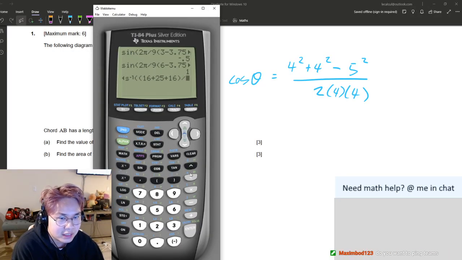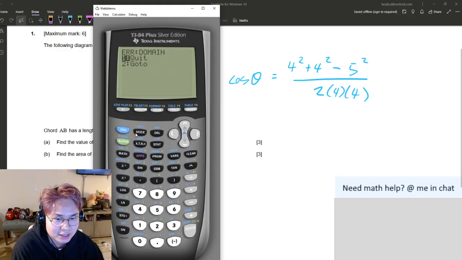And then divide this by 2 times 4 times 4, which is 8 times 4, which is 32. And I messed up my input. Great. Okay. Once again, 32 plus 25 divided by 32.